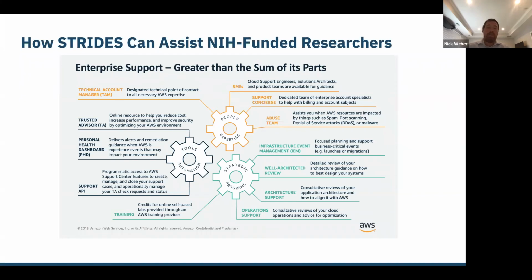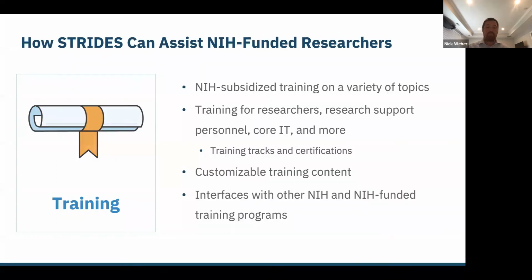That's all part of what comes with the Strides initiative, and it isn't something that you would have to negotiate and figure out on your own. So we've heard a lot of good feedback that these additional benefits are extremely helpful to manage that transition to the cloud for a research institution, a research program, or individual researcher.